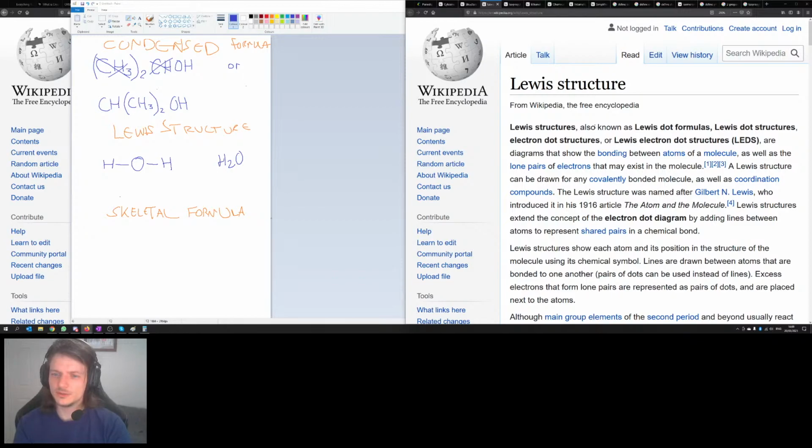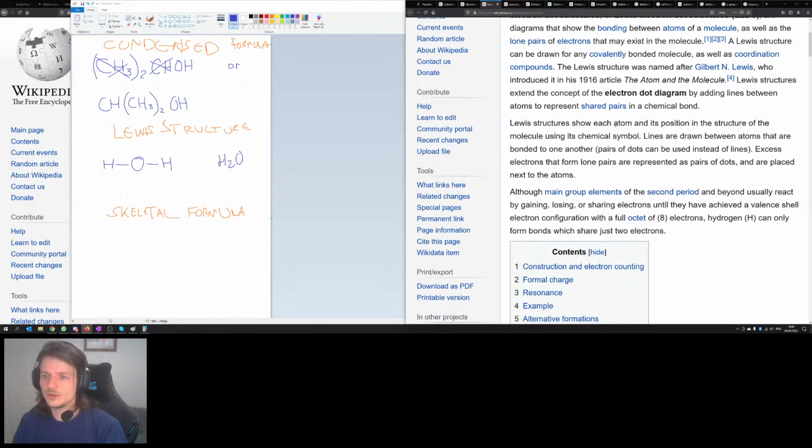A Lewis structure can be drawn for any covalently bonded molecule, as well as coordination compounds.